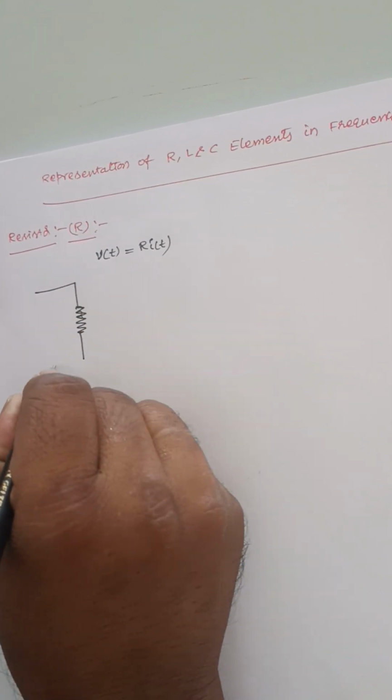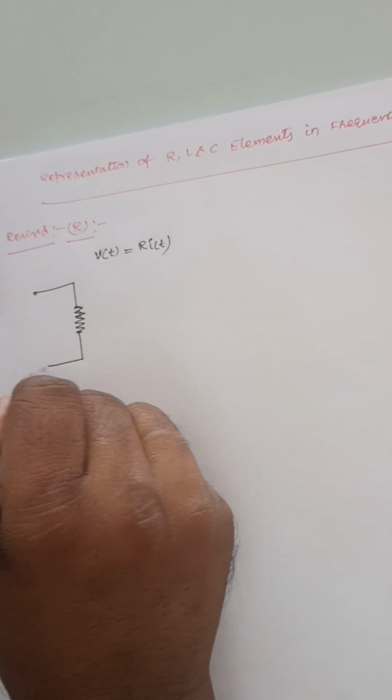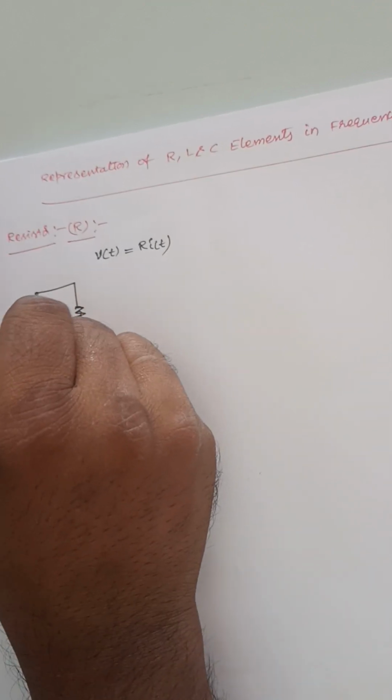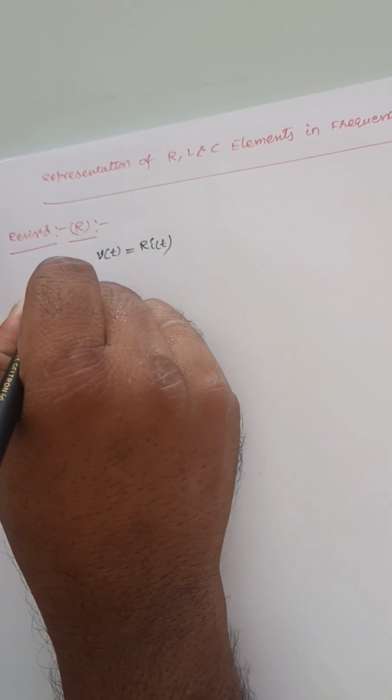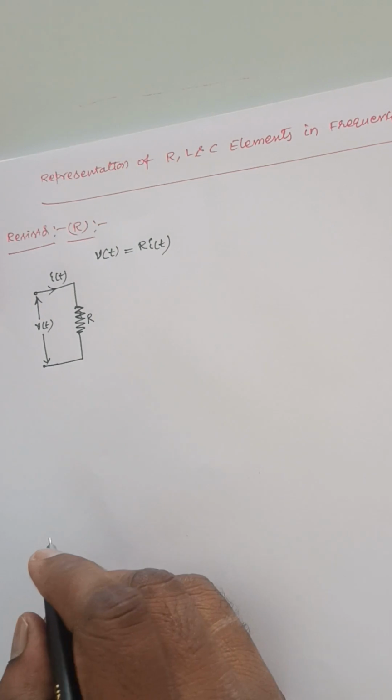This is the resistance, it is V of t, it is I of t. This is the resistance value R.